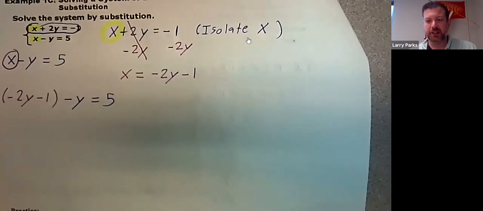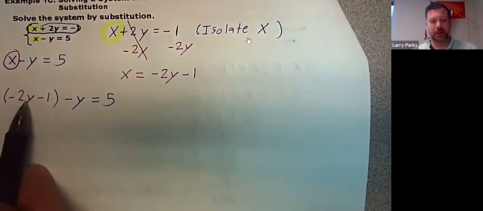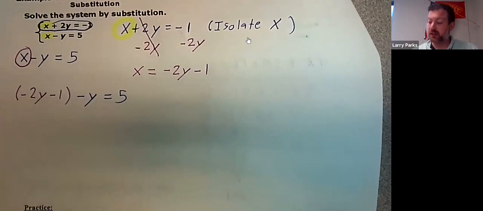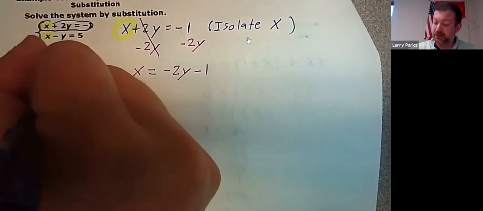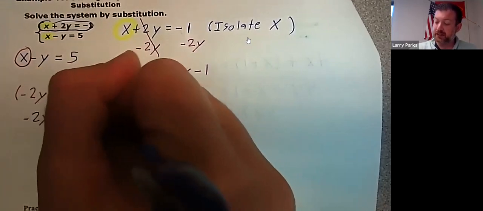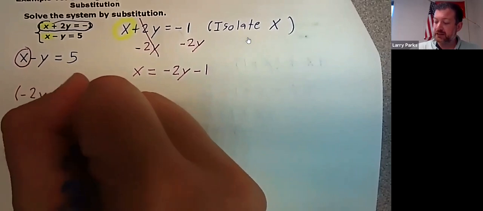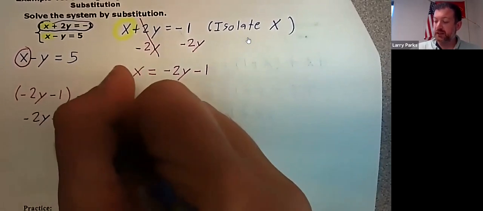From here, I'm down to algebra 1 skills. So there's no number in front, so I could drop the parentheses. So I could just put negative 2y minus 1 minus y is 5. Combine like terms. Negative 2y minus y is negative 3y. Minus 1 is 5.